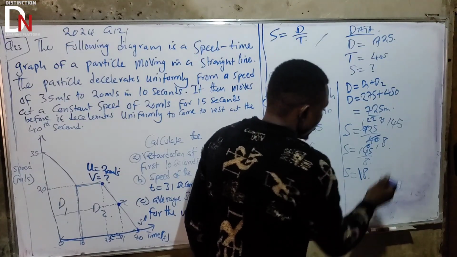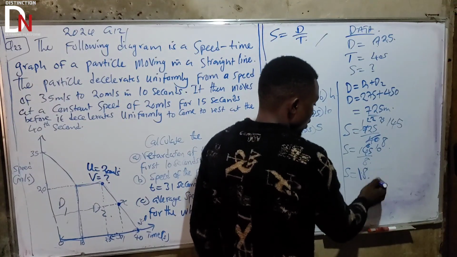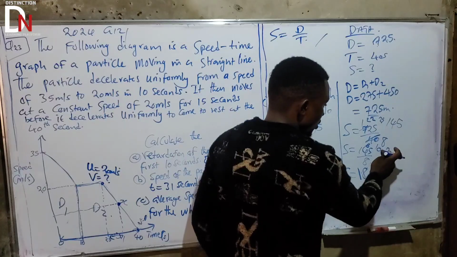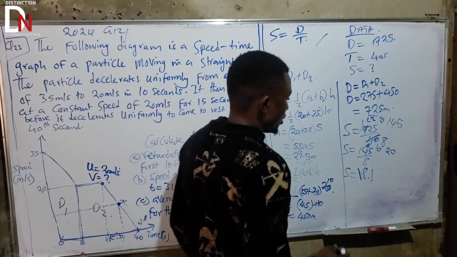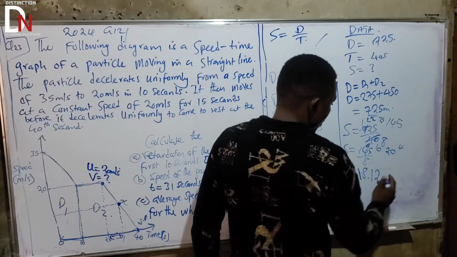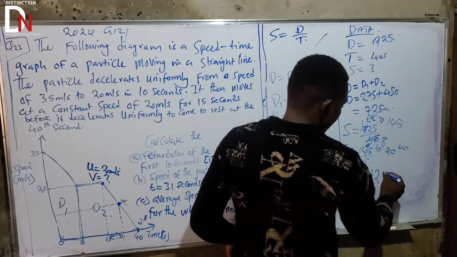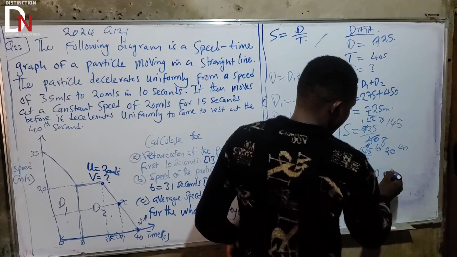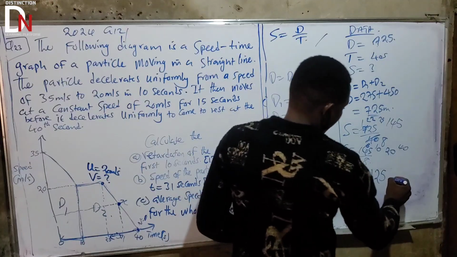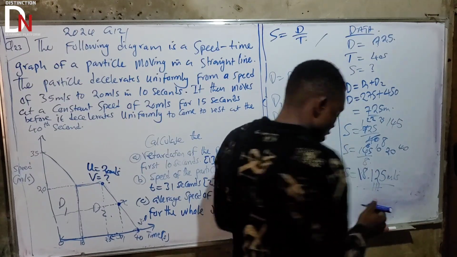We add a 0. 8 into 10 is 1, remainder 2. We add a 0. 8 into 20 is 2, remainder 4. We add a 0. 8 into 40 is 5. So this is meters per second, and this should be your answer.